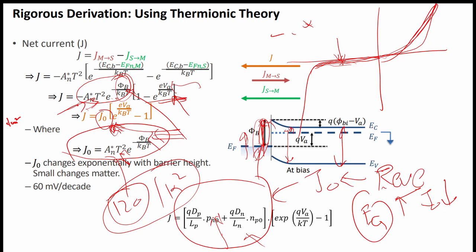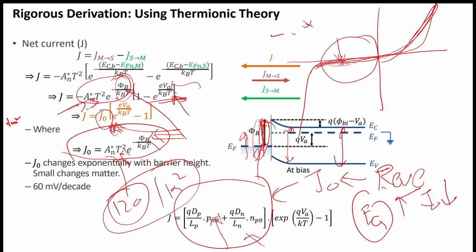So in a metal semiconductor junction, if we are going for a diode kind of behavior, there will be a leakage current. Not very high, but the extent of the leakage current will be more than that of the PN junction.